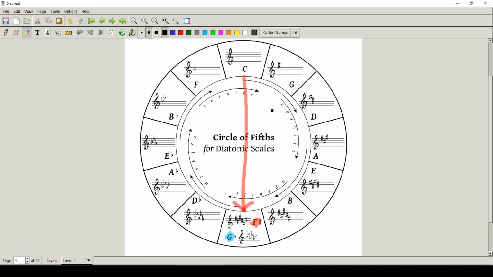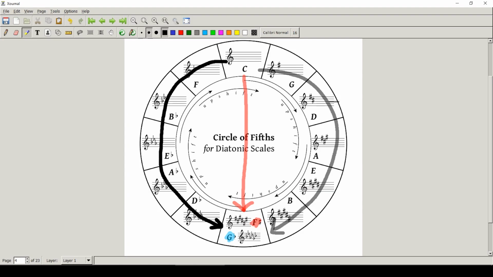I can get from C major to this collection of notes either by upshifting, by going this way, in which case I add 6 sharps, or by downshifting, in which case I add 6 flats. And in some sense, those are different possibilities. They get me to the same place in the end, but what happens to a note is different.